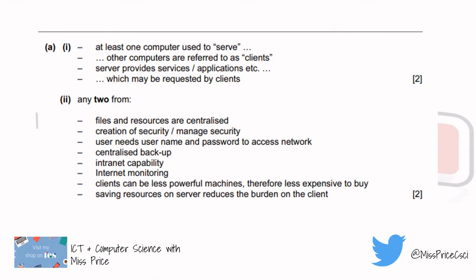Internet capability and internet monitoring are good ones as well. Clients can have less powerful machines, therefore less expensive to buy. I know a lot of people in their exam technique always say it's cheaper, but please always explain why, like they have here. And saving resources on a server reduces the burden on the client.